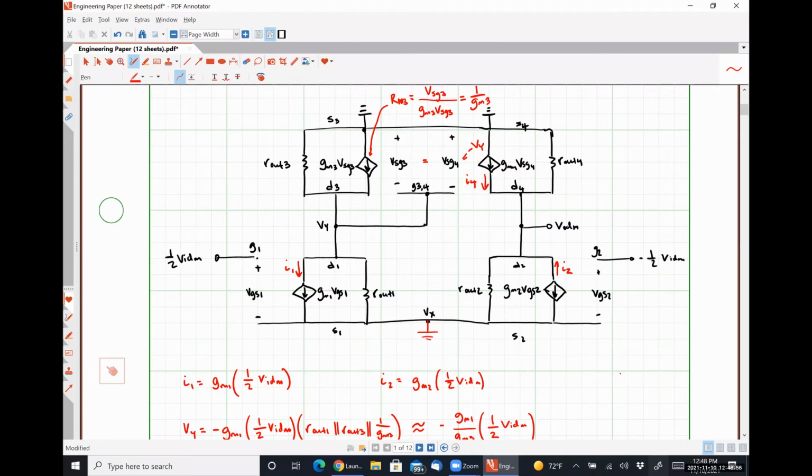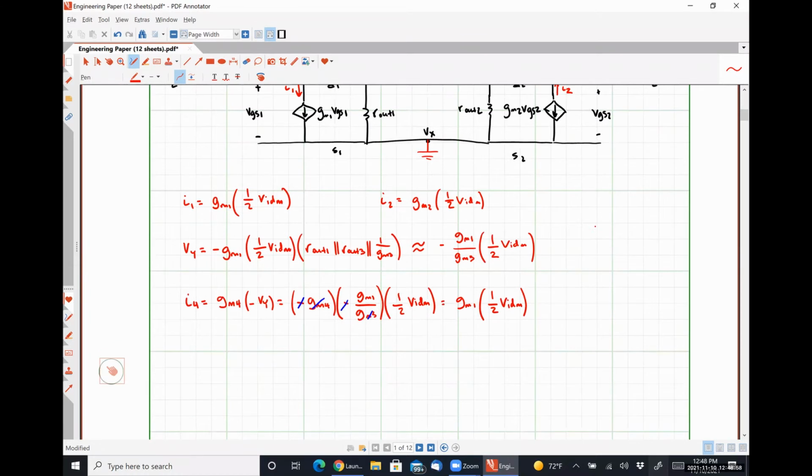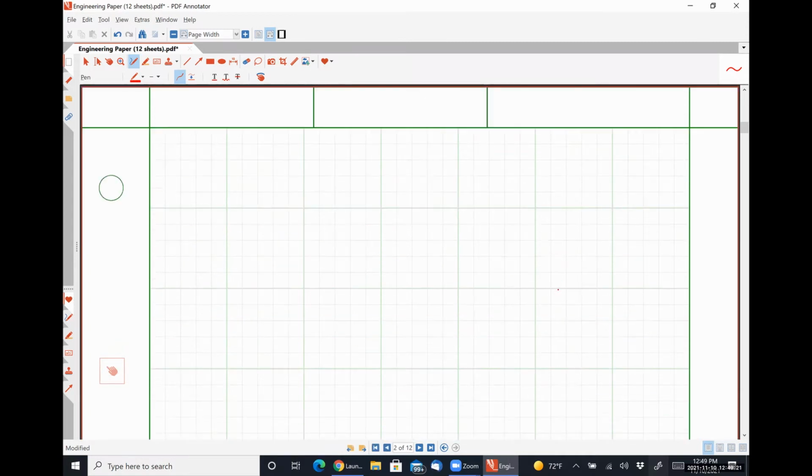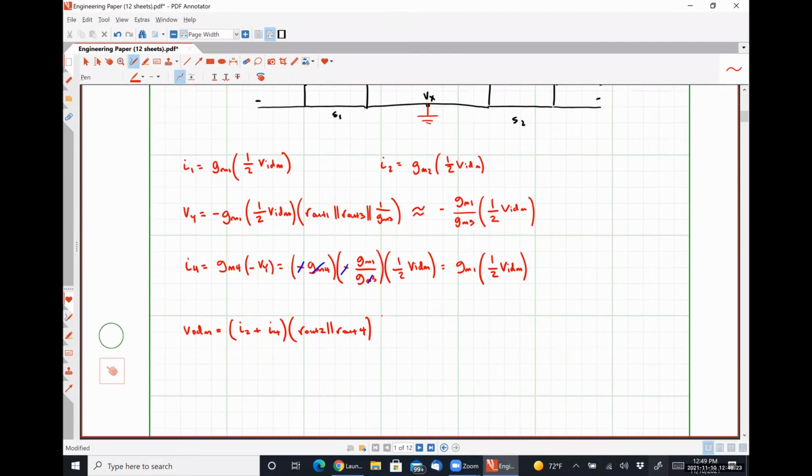So effectively, using Ohm's law, we could see that VODM is simply I2 plus I4 multiplied by R out 2 in parallel with R out 4. Oops, that went slightly too far.